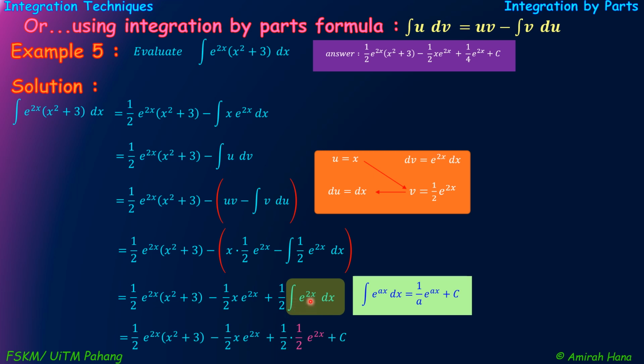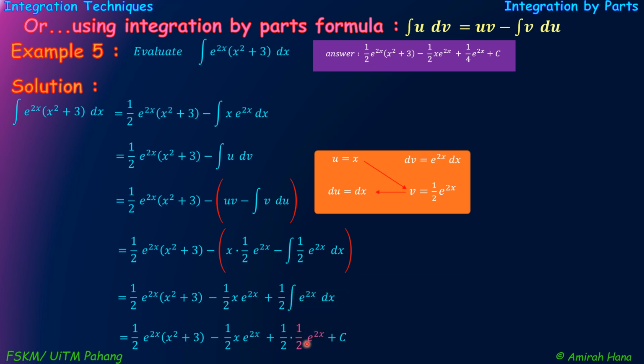For the integration of e to x dx, we use this formula, so we have half e to x, and after we finish integrating, we put plus c at the back.